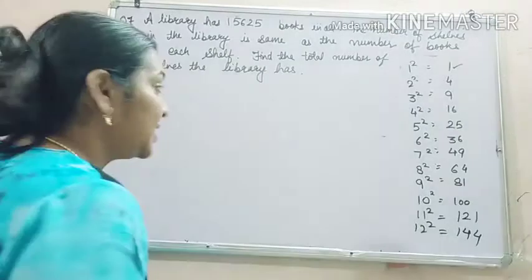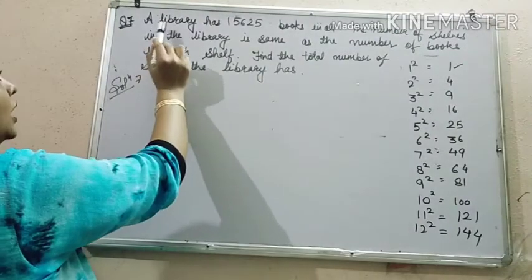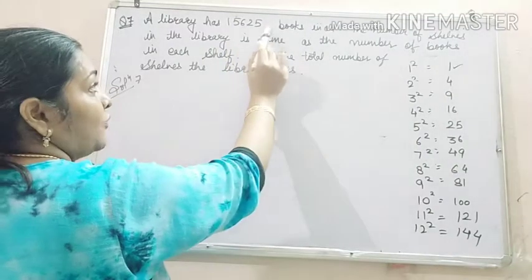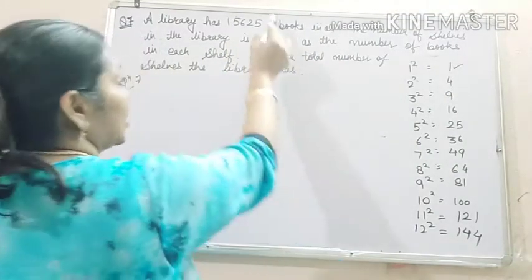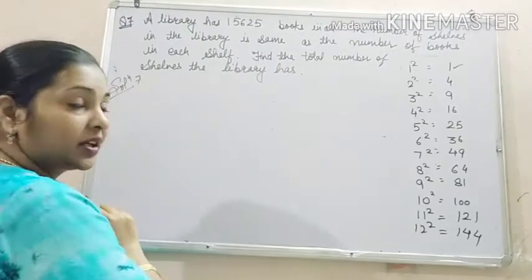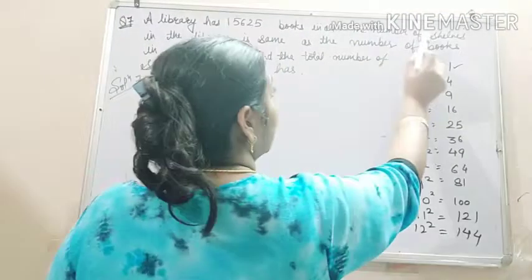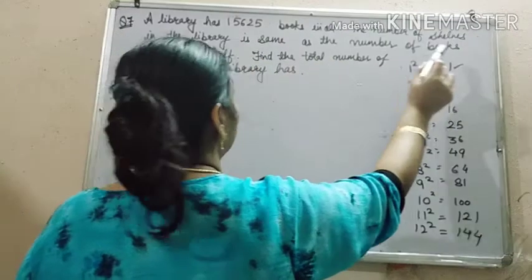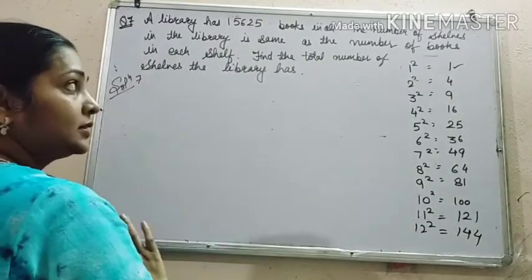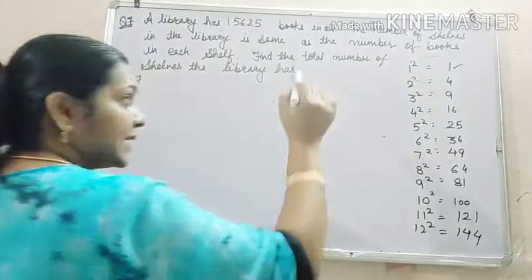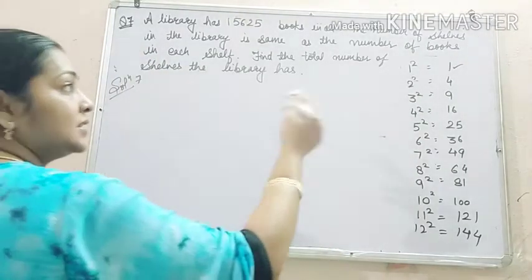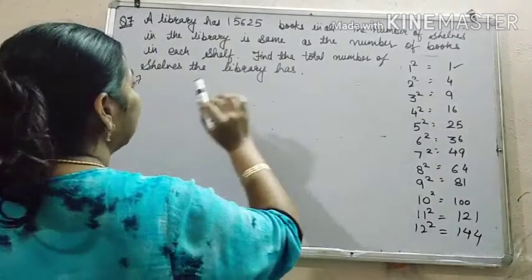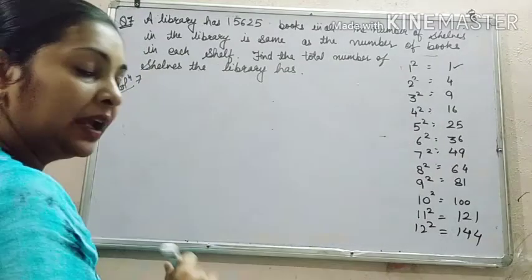In problem 7, it is given that a library has 15,625 books in all. Total books are 15,625. The number of cells in the library is same as the number of books in each cell. Means the cells are same in number as the number of books in each cell. Find the total number of cells the library has.